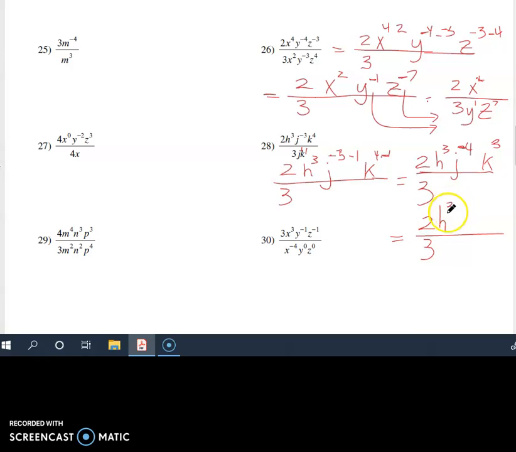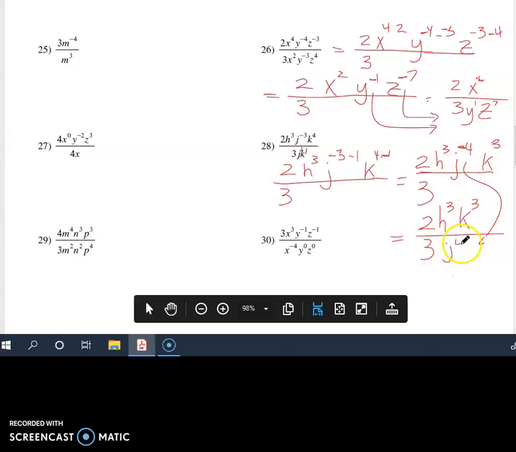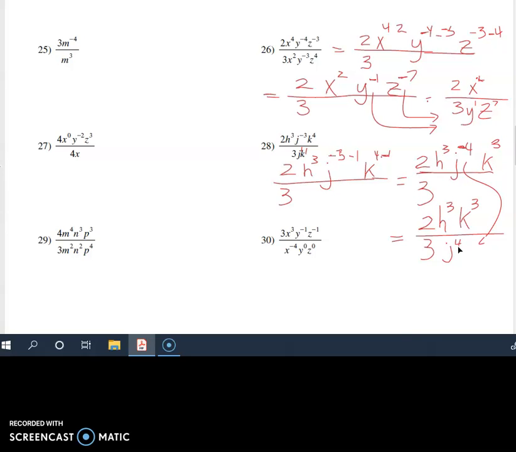H, the exponent's positive, so it stays in the numerator. The k is also positive, so it stays in the numerator. And then the j gets moved to the denominator since it's negative. So the final answer would be 2h cubed k cubed over 3j to the 4th.